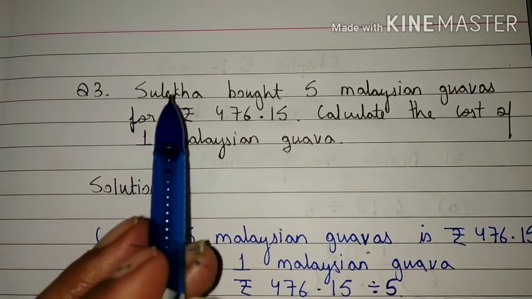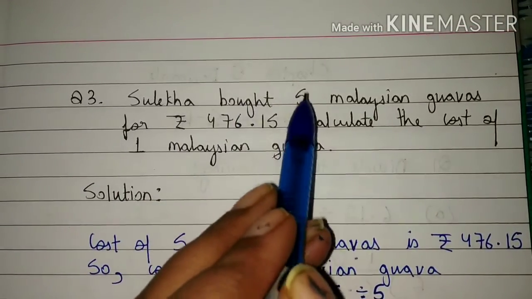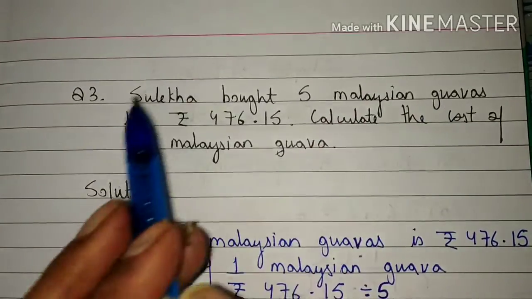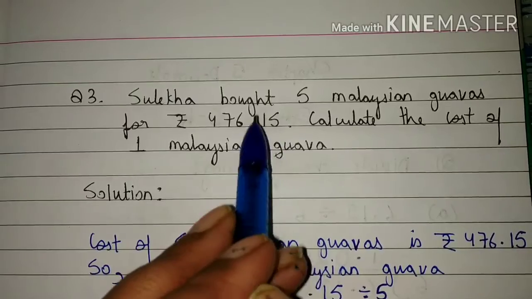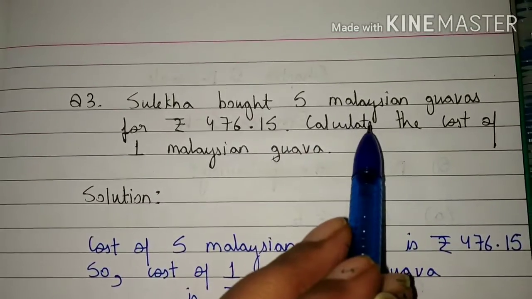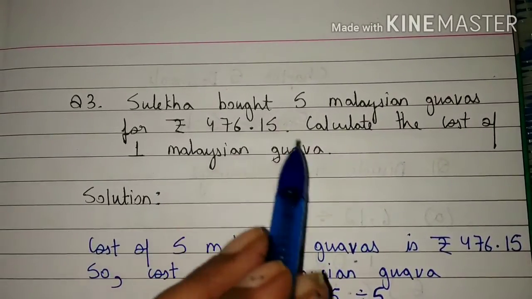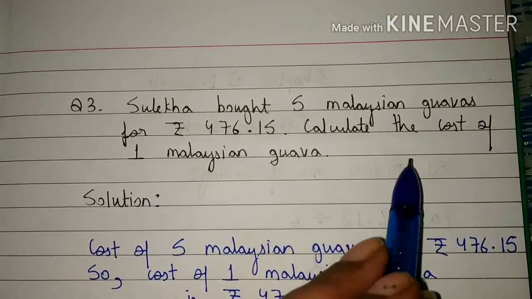Here larger quantities is given to you, that is the cost of 5 Malaysian guavas is rupees 476.15 and we have to find out in smaller quantities, that is the cost of 1 Malaysian guava. So students, in this question we will do division.